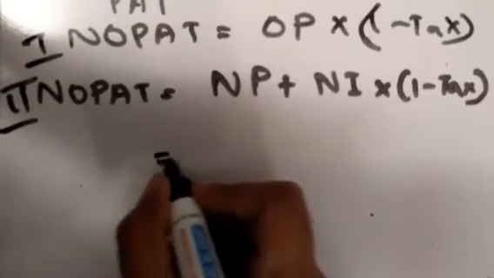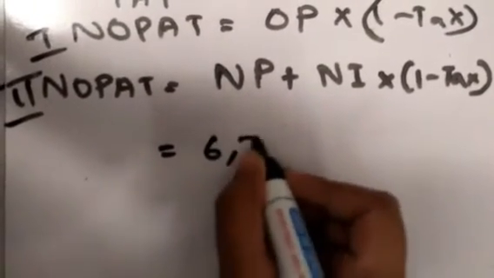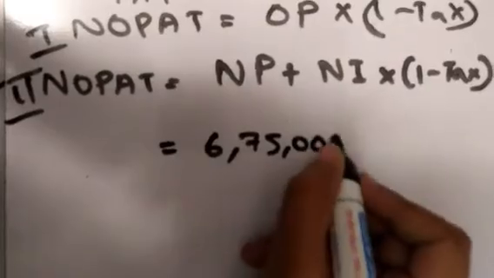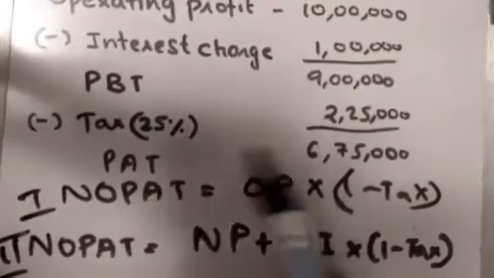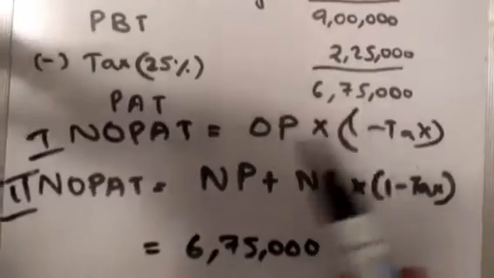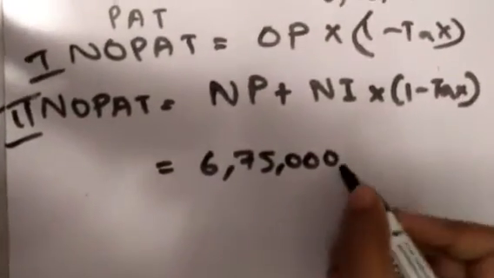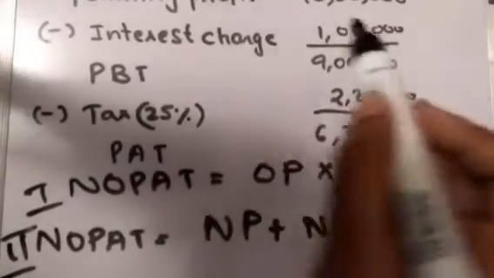We know that the net profit, that is profit after tax, is 6,75,000, which is already given in the question. Plus the net interest, the interest charge, that is 1 lakh.